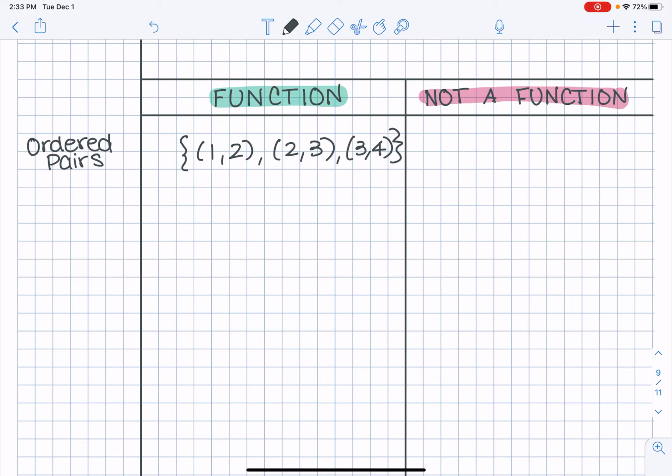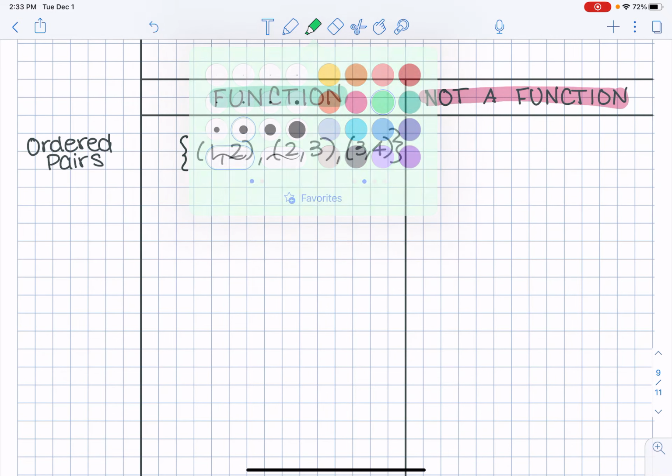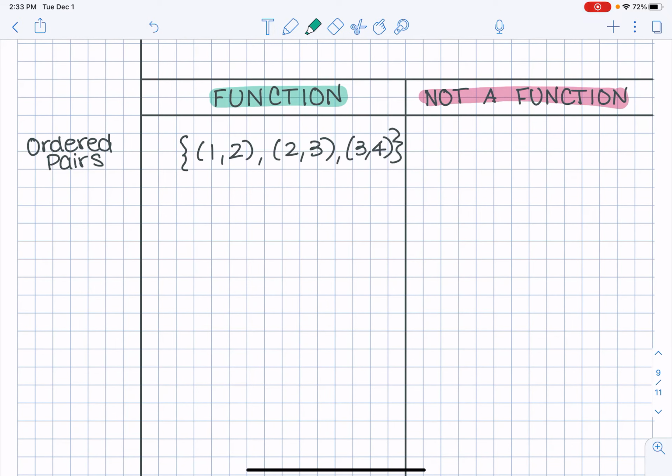If we look at all of our input values, they do not repeat. Do you see that? They're all different. So that means each input has only one output.